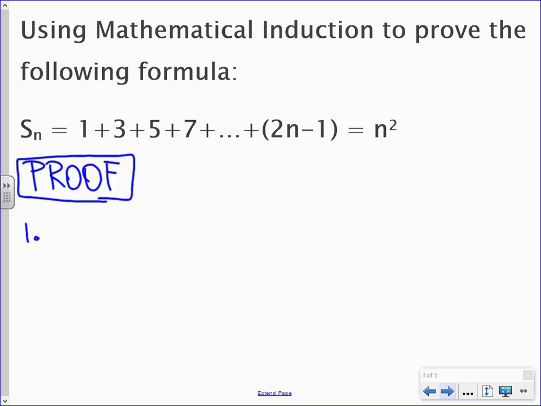Okay, so we're going to make sure that that first term equals n squared when we plug in n. Okay, so what is our first term? Okay, and does that equal the formula when we plug in 1? Okay, that is our first step.